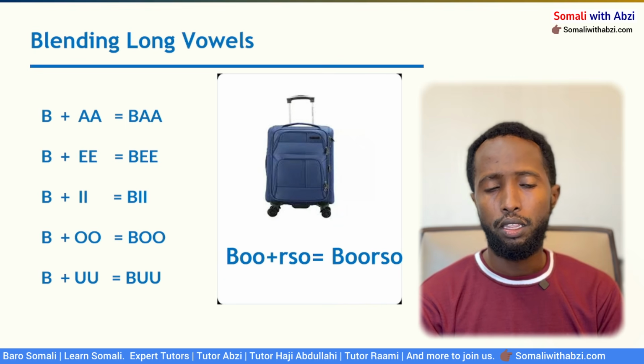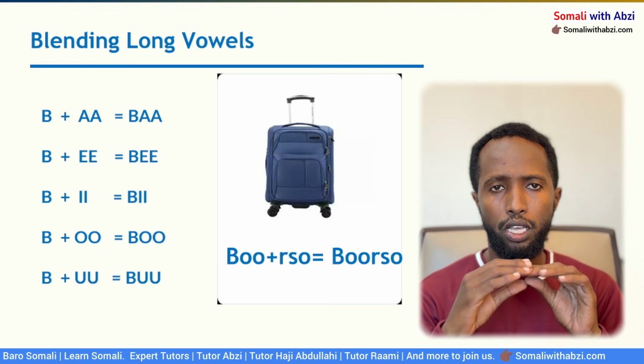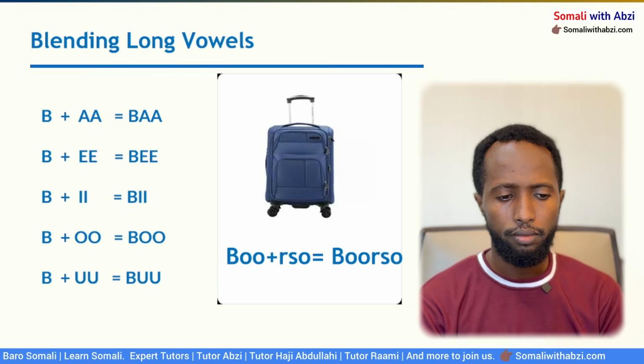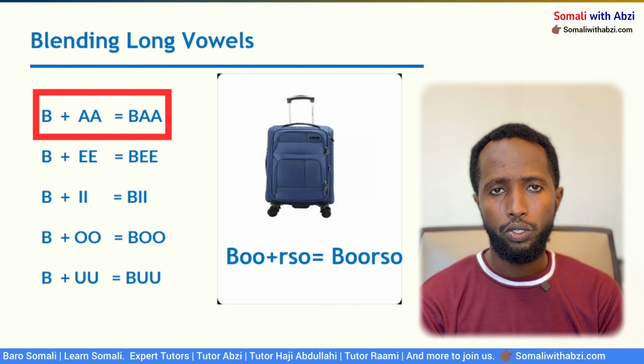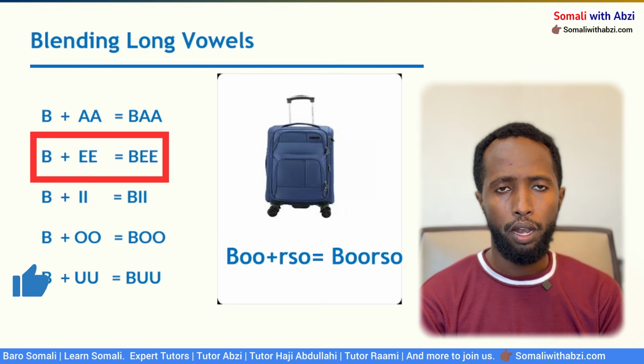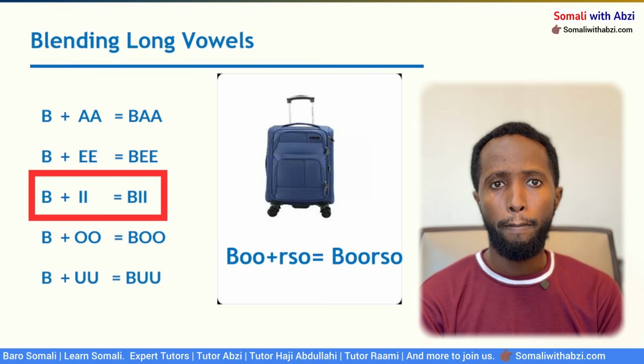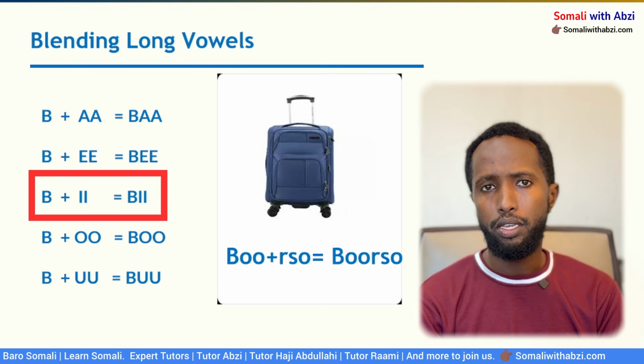And now let's see blending long vowels. You have to know that for a long vowel, we have to make the sound very long. You have to stretch the word a little bit longer. Like ba plus a together, it produces baa. And ba plus e, it sounds like bee. And the next is ba plus i, it sounds like bii.